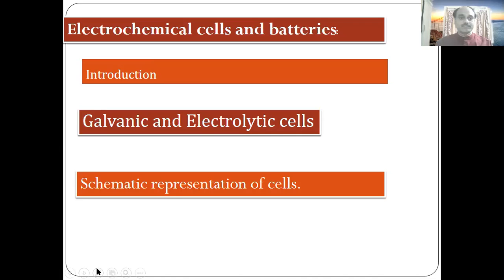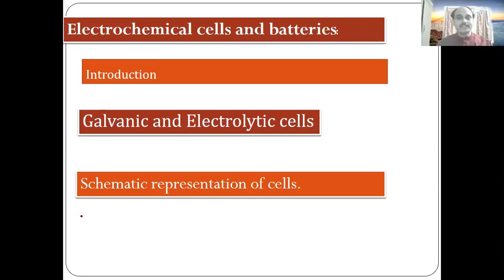There are different types of cells: electrochemical cells with concentration, without concentration, with transference and without transference. How to represent these cells symbolically?